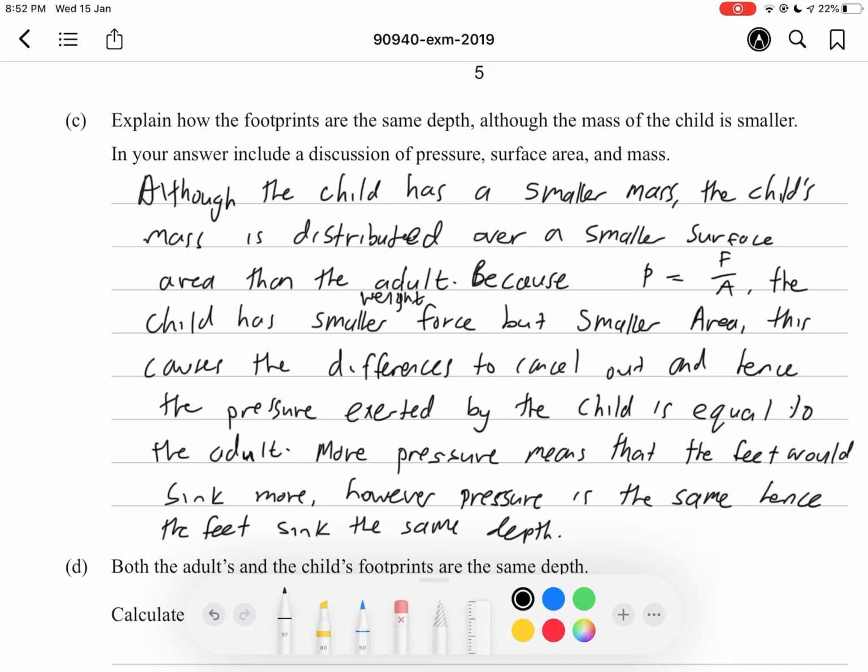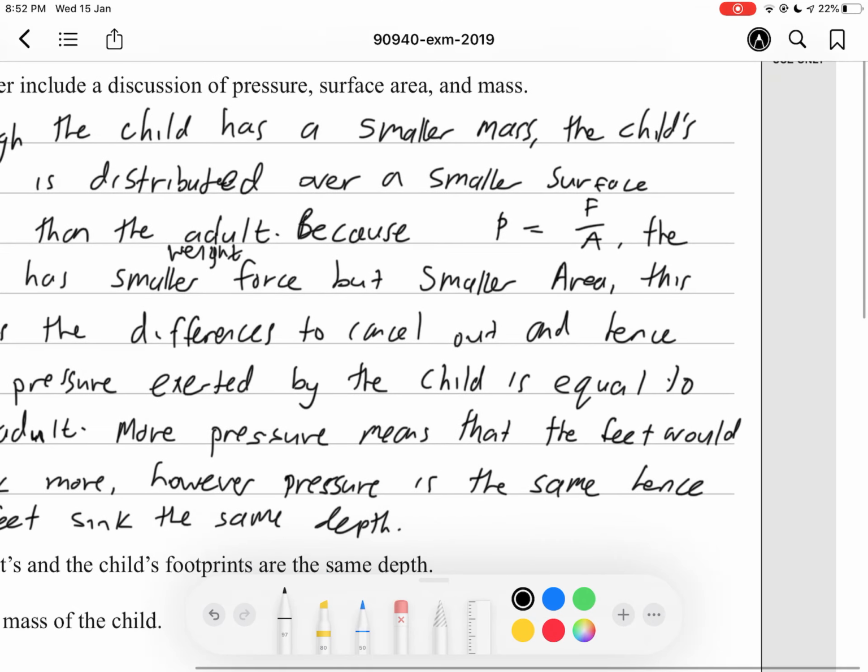So, although the child has a smaller mass, the child's mass is distributed over a smaller surface area because the child has smaller feet. Because pressure equals force over area, the child has a smaller weight force because of a lower mass. As you can see in this formula, the force is decreased, but the area has also decreased.